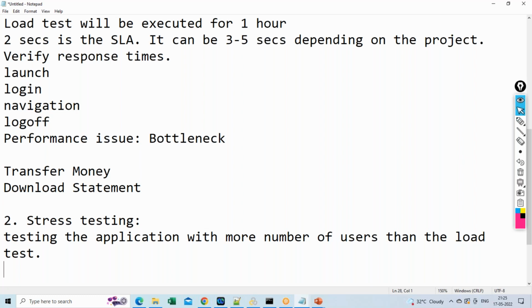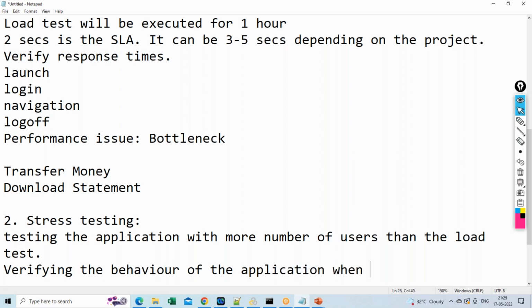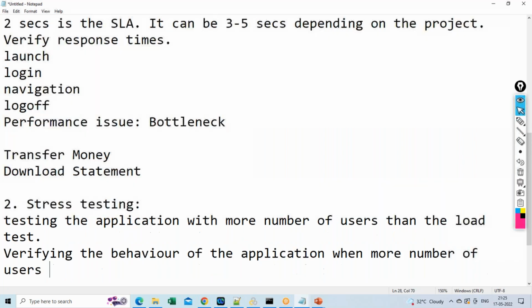So stress testing is all about testing the application with more number of users than the load test. And what are we verifying here? We are verifying the behavior of the application when more number of users access it than in the load test.